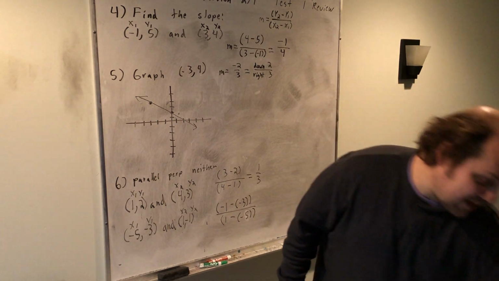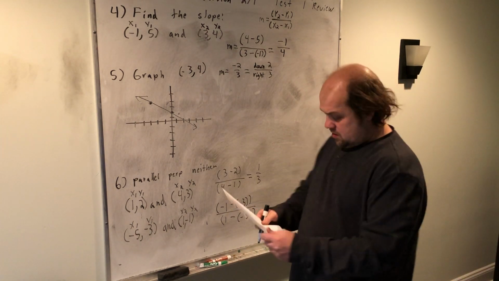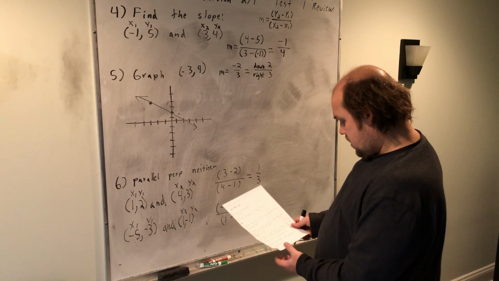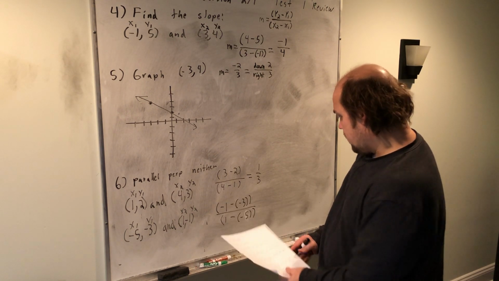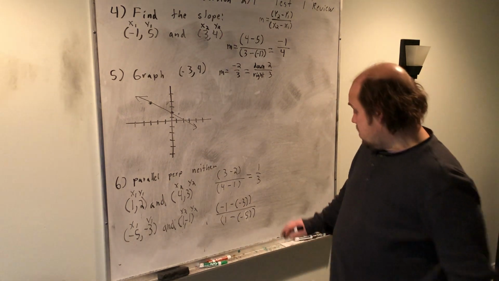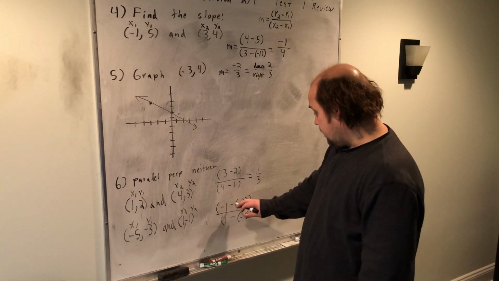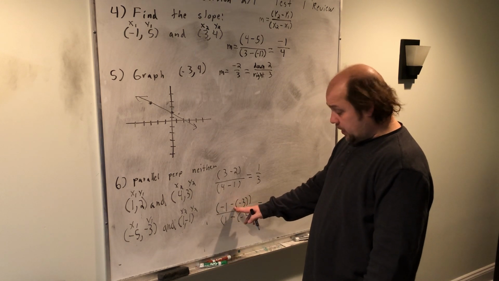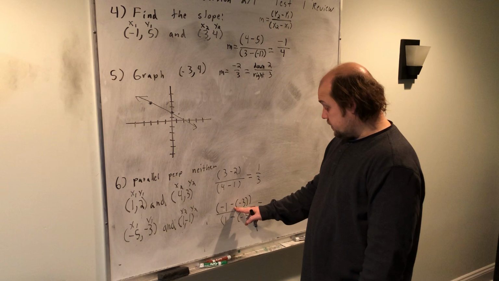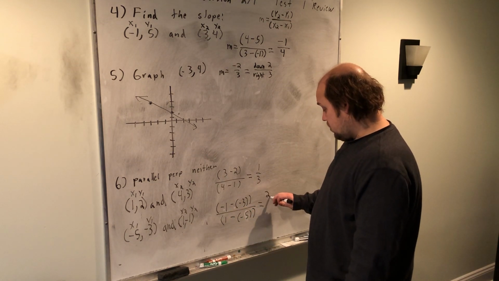Let me just double check that I'm doing the right points here. 1, 2, 4, 3, -5, -3, and 1, -5. Alright. So on top, -1 minus a -3 gives me -1 plus 3, which is a +2.